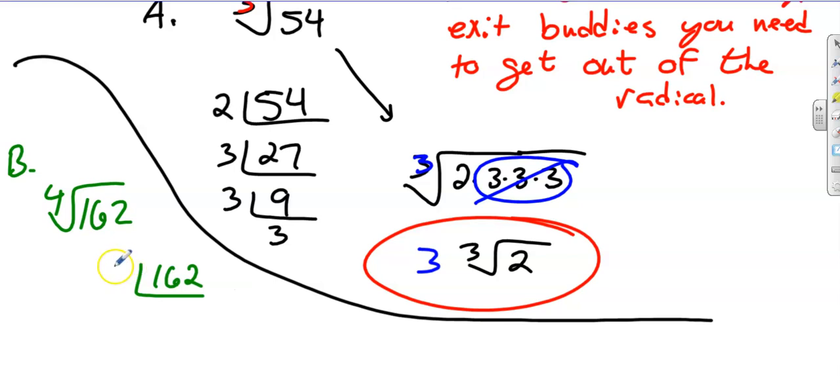Okay, so take 162 and start breaking it down. It's even, so you divide 2 into 162, that comes out to be 81. 81's odd, so now we're checking the odd numbers. We can divide it by 3. 3 into 81 is 27, and you may go, well, 27 we did here, yeah. So 9, take that 9 and divide it down, that's 3 times 3.